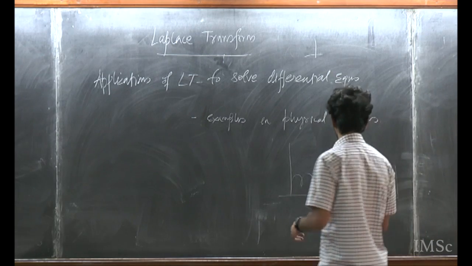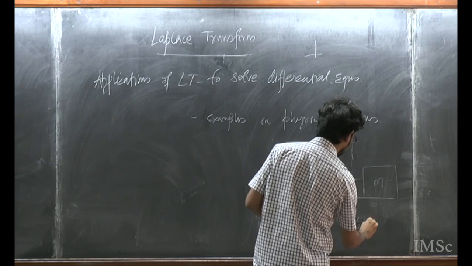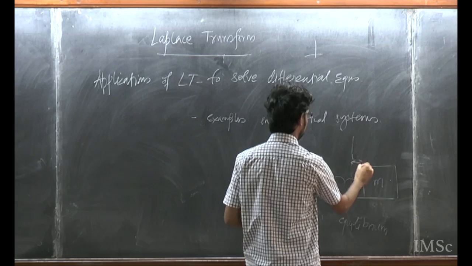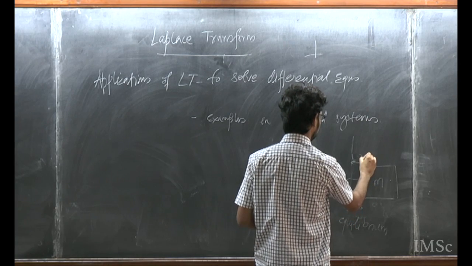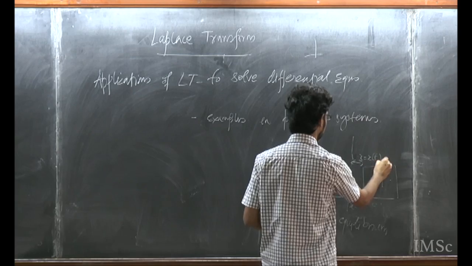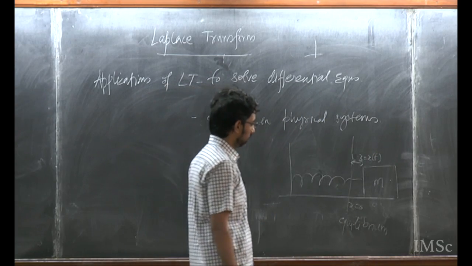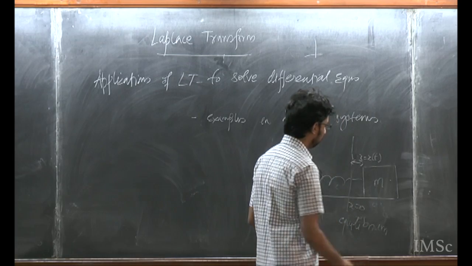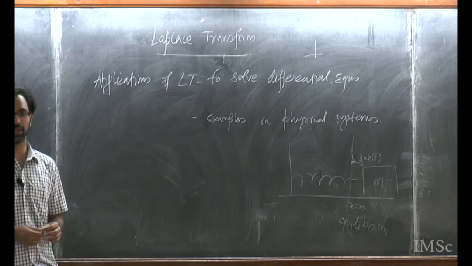Let's suppose that this is the equilibrium position. This is x equals 0, this is x equals x(t) depending on time. So what is the differential equation that governs the displacement of the mass? Anyone?